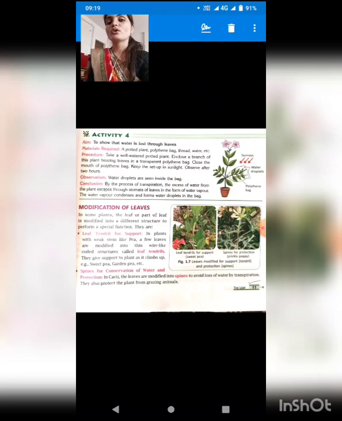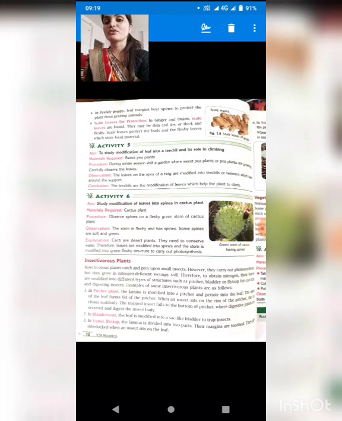Such modification of leaves into spines is seen in plants which need less water, or plants found in areas where less water is available. Now on the second page, see the example of scale leaves. The diagram shows the structure of ginger, and the structure where you can see scales.